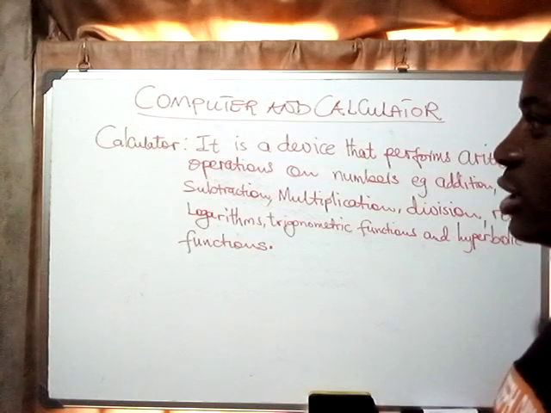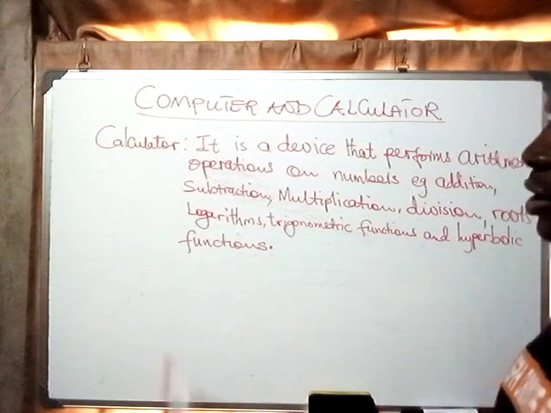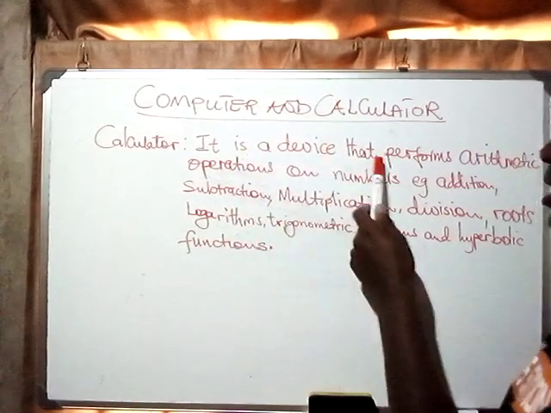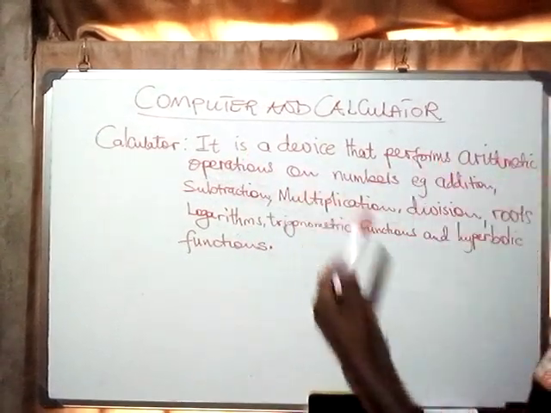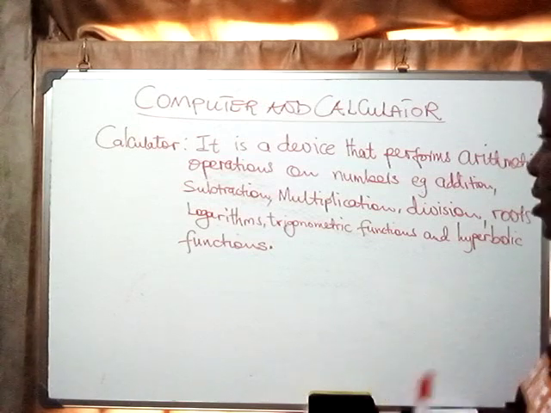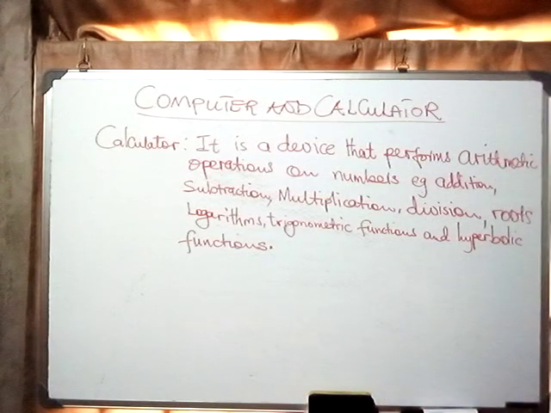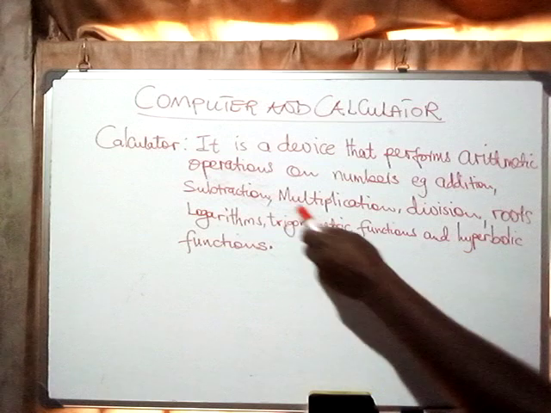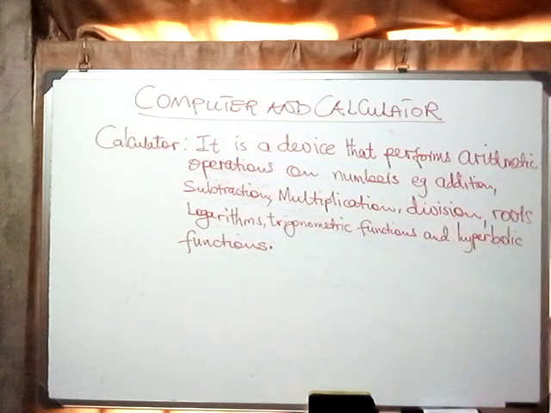So we are told a calculator is a device that performs arithmetic operations on numbers, e.g., we have addition, subtraction, multiplication, and division.